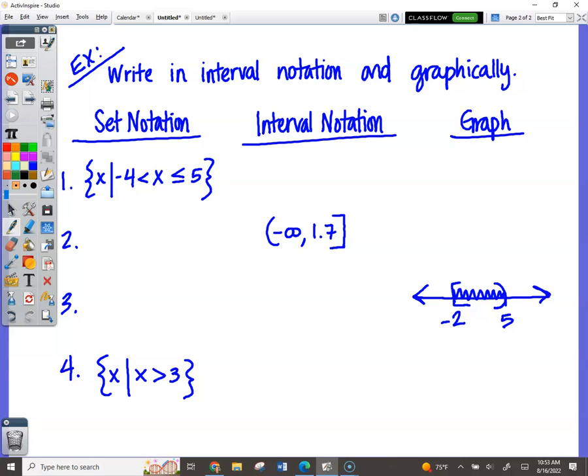When it comes to infinity, it's implied that there's a parenthesis on the other side. When I shade the arrow, it's encompassing that.